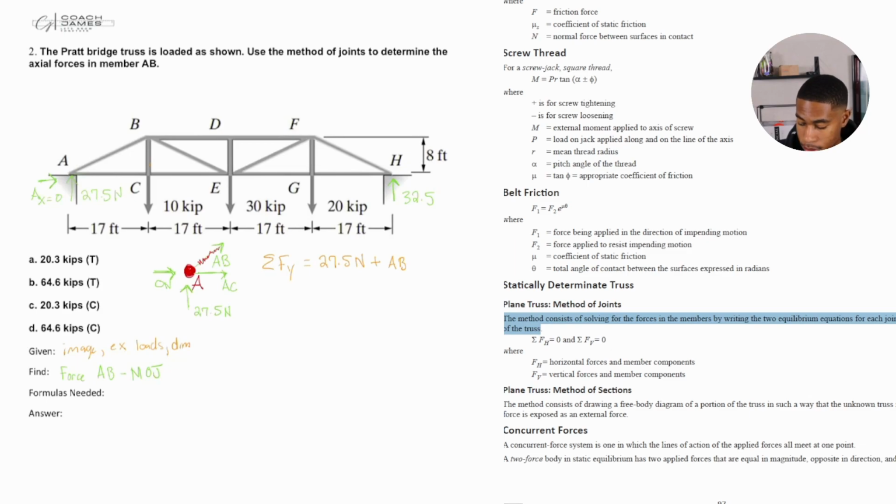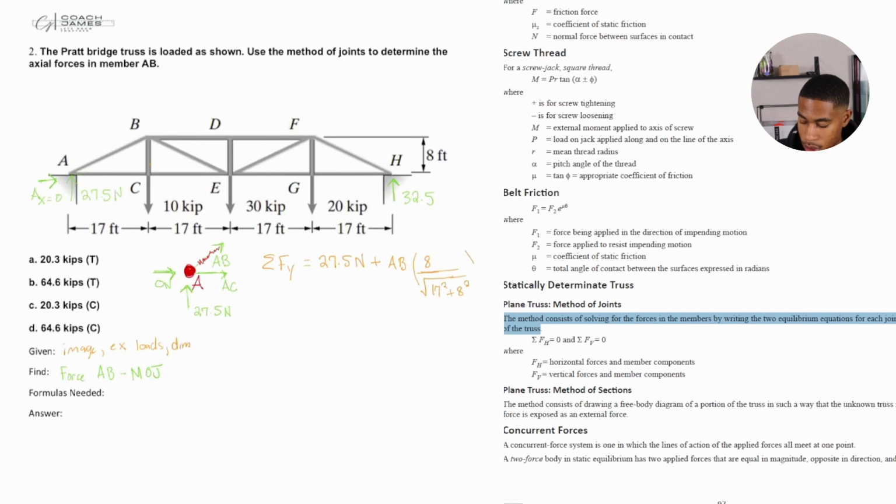We need to multiply it by the y value, which is going to be 8, right? All over the square root of 17 squared plus 8 squared.